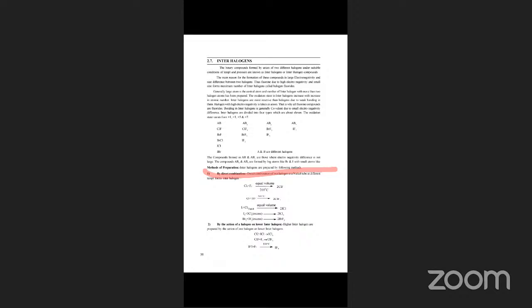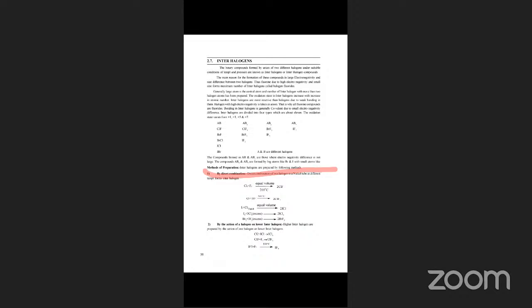Chlorine and fluorine in equal volume, 1:1, at 200 degrees centigrade in a nickel tube, give the formation of ClF, an AB type interhalogen.